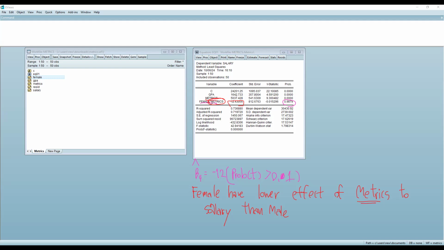Because it's multiplied, you have to write the multiplied thing by 12, but insignificant.